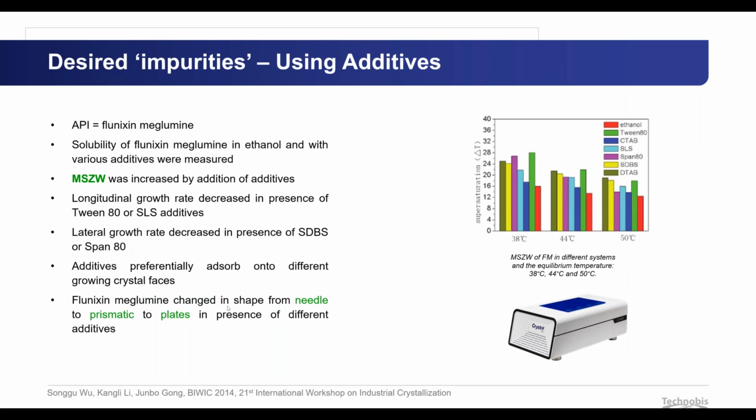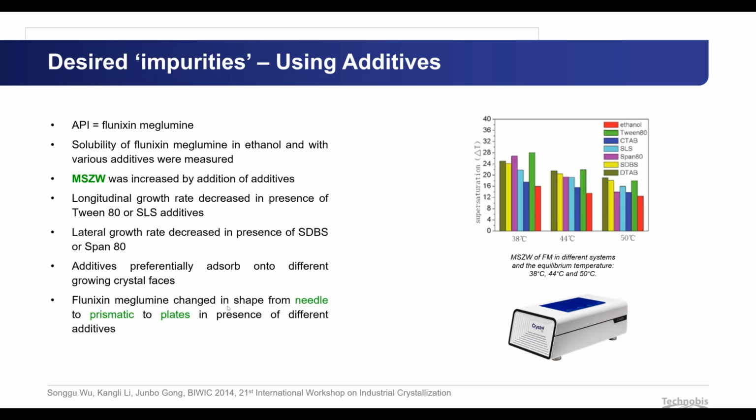Another case study on this is another group that was looking into how to influence actually the shape of a polymorphic form by use of additives. And what they did here, actually, they used quite some different set of additives, where they were looking on how to inhibit the growth of a crystal in one direction and to promote it in a different direction.